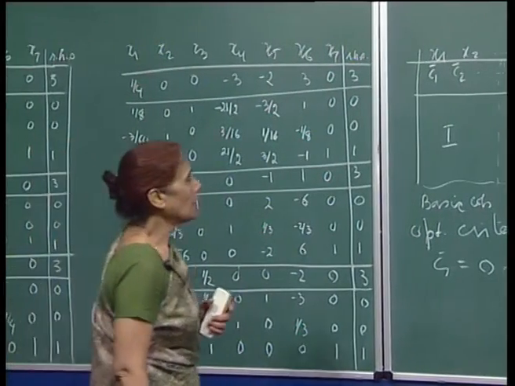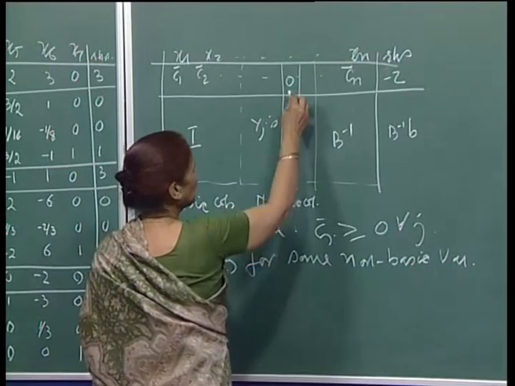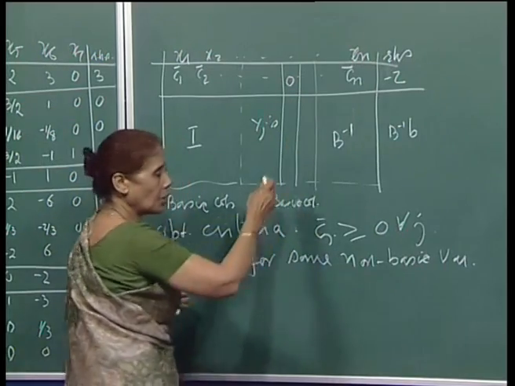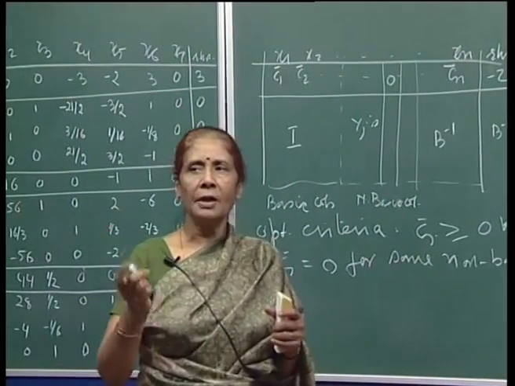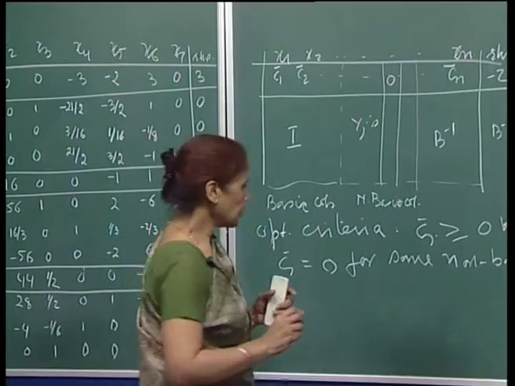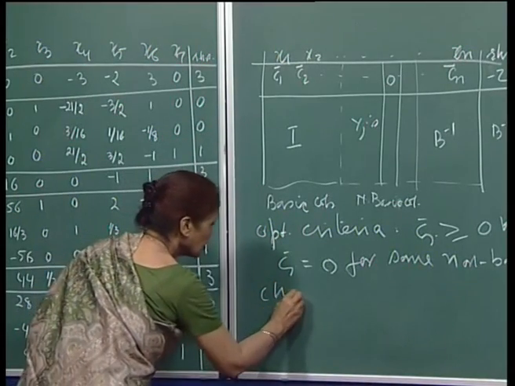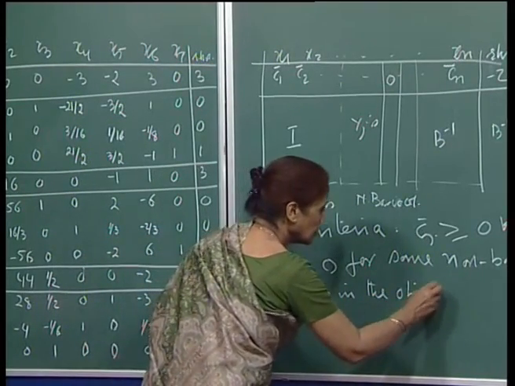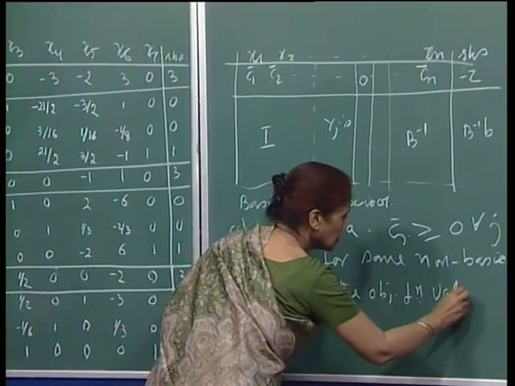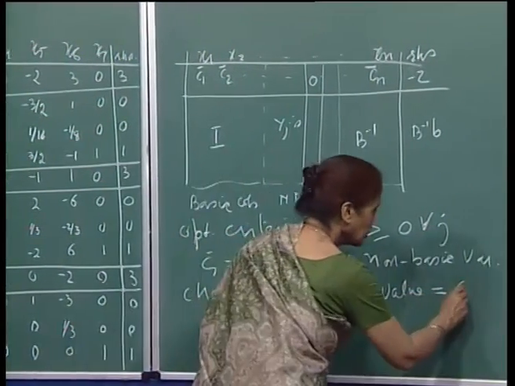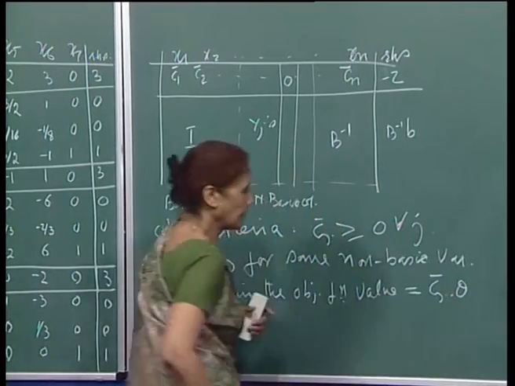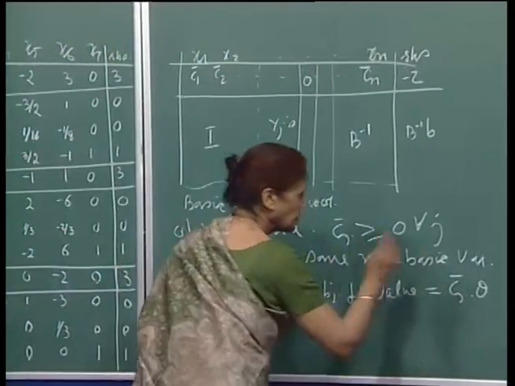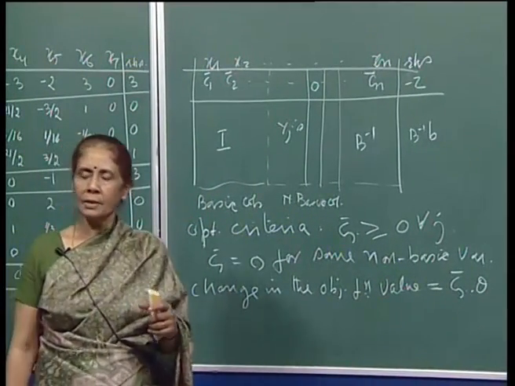then it is possible, because this value is 0, I can enter this column also into the basis. The value of the objective function will not change, because remember, the change in the objective function value is given by Cj bar into theta, the level at which your variable xj will enter the basis, and this is the rate at which your objective function value changes, right.